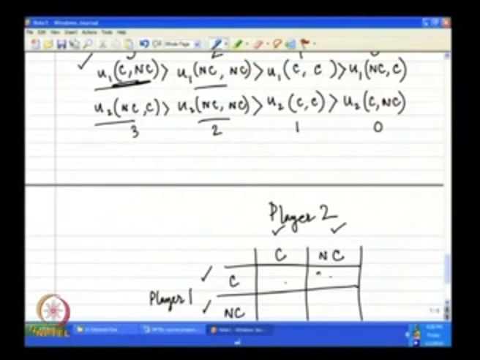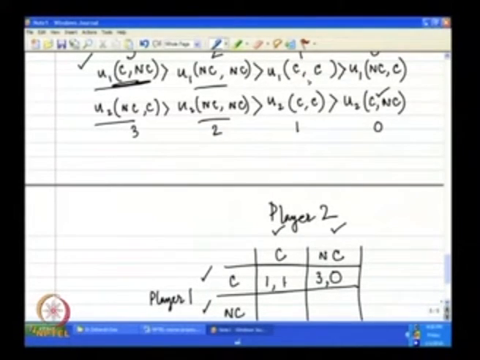However, if CC is the action profile, what does player 2 get? It is the last one. Here player 2 is getting 0. So this is how this cell is filled up. Let us concentrate on CC. If CC is the action profile, then I can check from the previous page that both are getting 1.